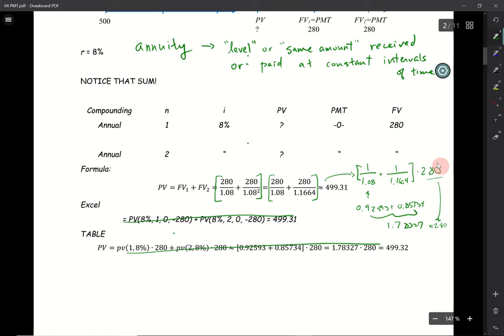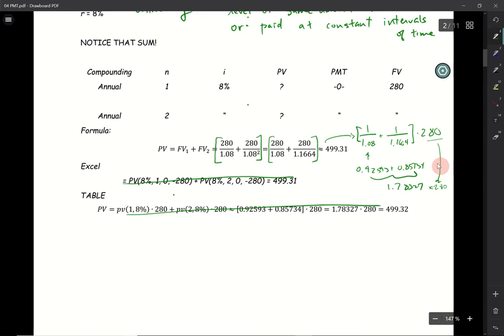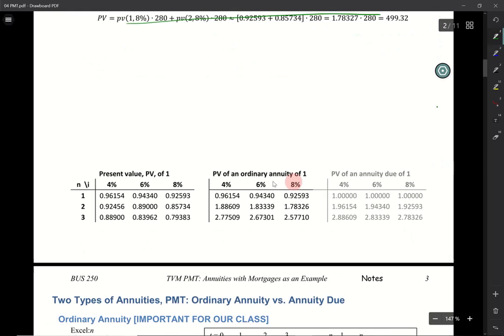Does that make sense? And so that's why the ordinary annuity table is basically the sum, or adding up these present values. You can think of the ordinary annuity table as the running sum, right?